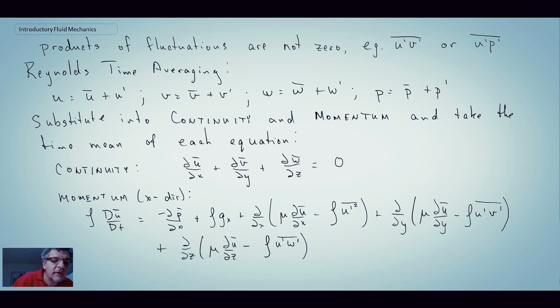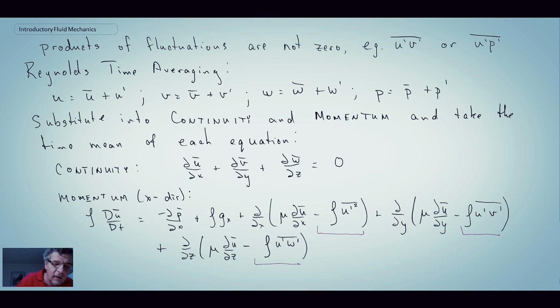Everything looks like it was to begin with, with the exception of these terms that start coming in. And these are basically products of the fluctuating quantities or turbulence quantities. And we have the squares and we have the fluctuating components. And the way that I've written the equation here, they appear to be stress terms because they're on the right-hand side of the equation.